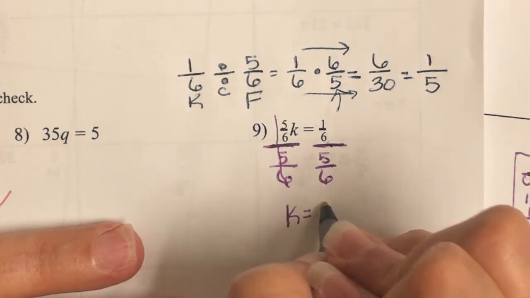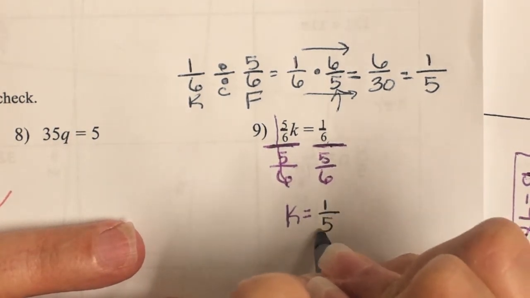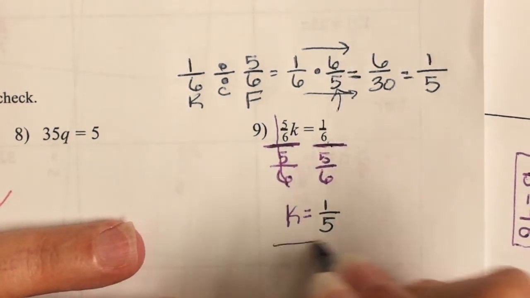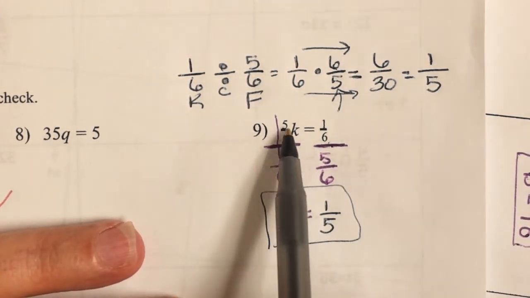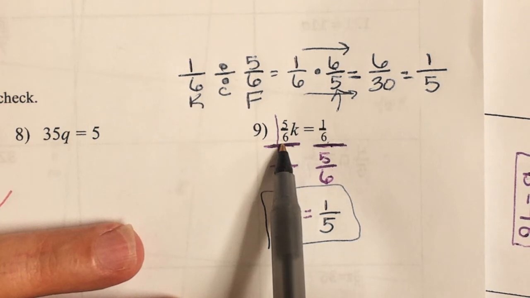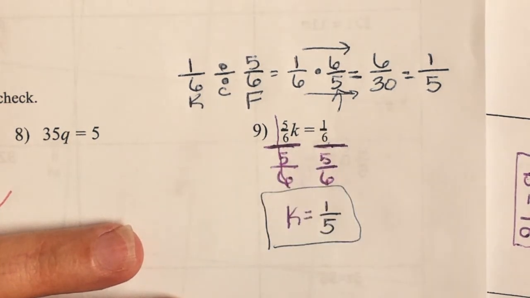So look, K is 1/5. That is that answer. Listen, if you multiply 1/5 times 5/6 and simplify it, you'll get 1/6. You can check it. You can do it.